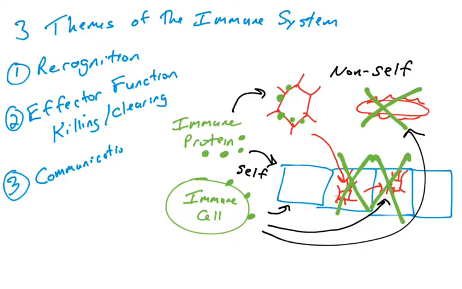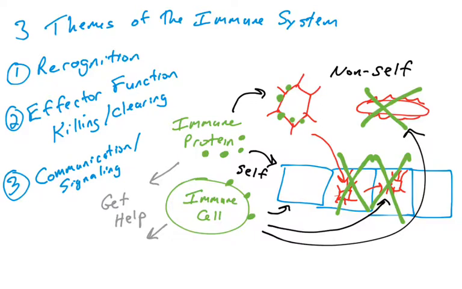Lastly, we're going to talk about communication or signaling. When immune cells and immune proteins recognize a pathogen, that could help attack the pathogen, or it can send signals to other cells, to other tissues, to distant tissues, and those signals will actually help us mount a stronger response to clearing out the pathogen.